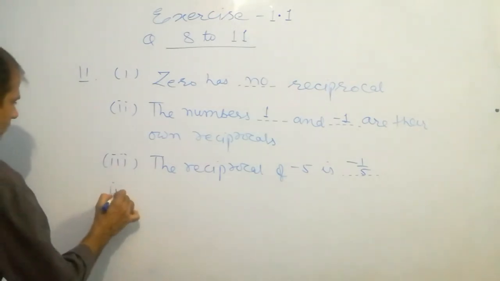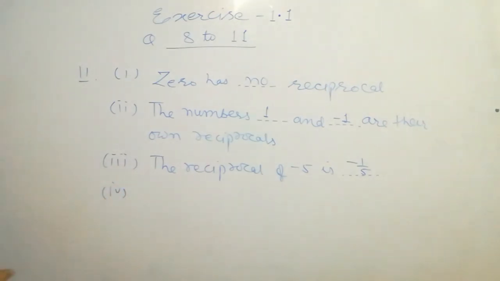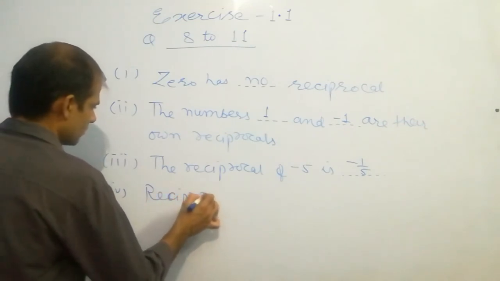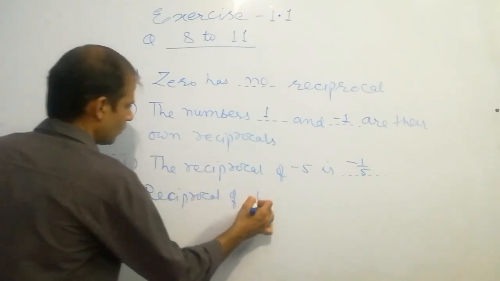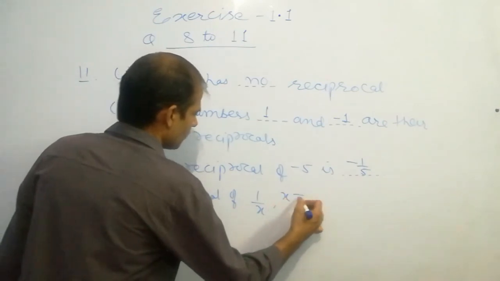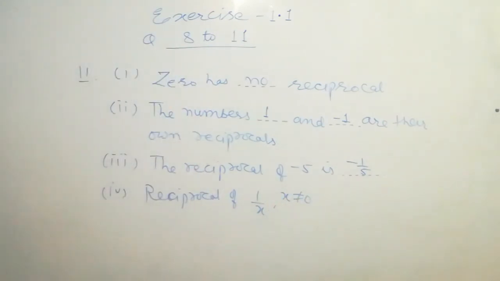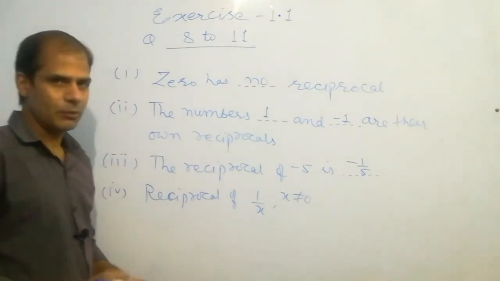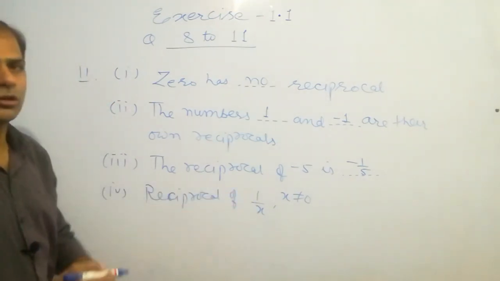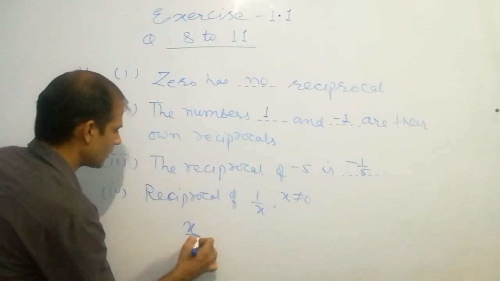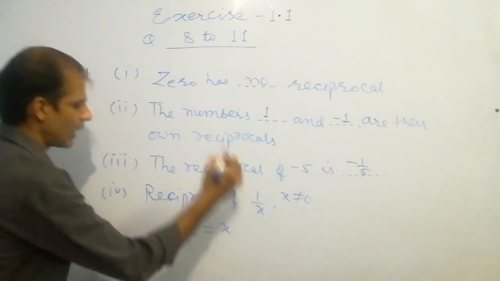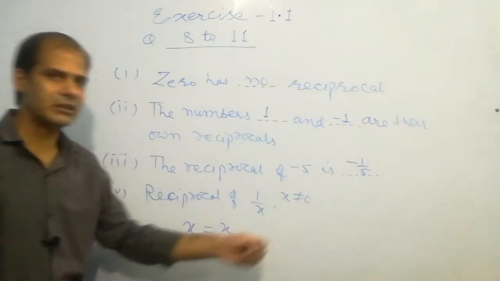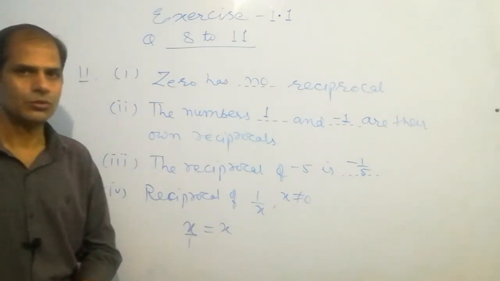Next is fourth part, reciprocal of 1/x, where x is not equal to 0. So as you can see, the reciprocal of 1/x, again change both the values, the answer will be x/1 and you can write it as x simply. But why is this condition given, x not equal to 0?